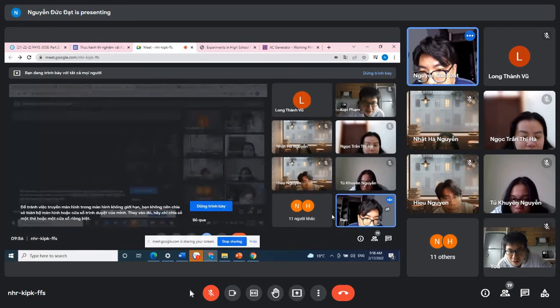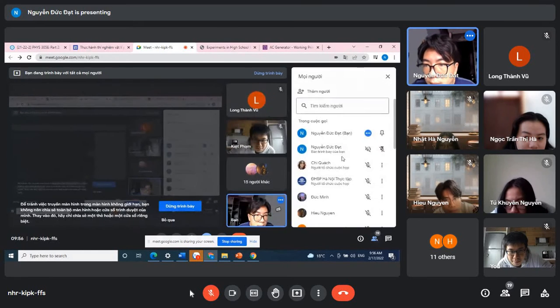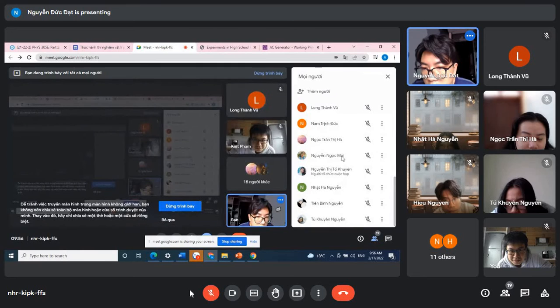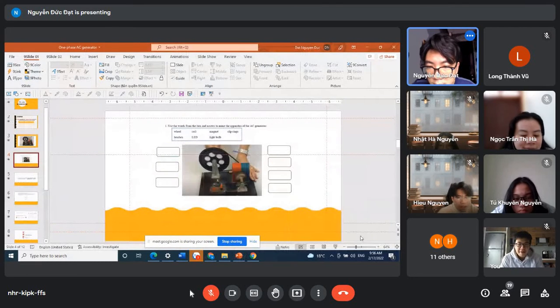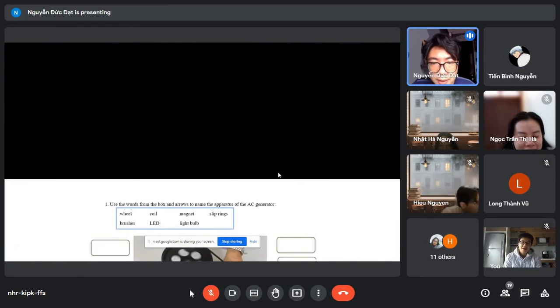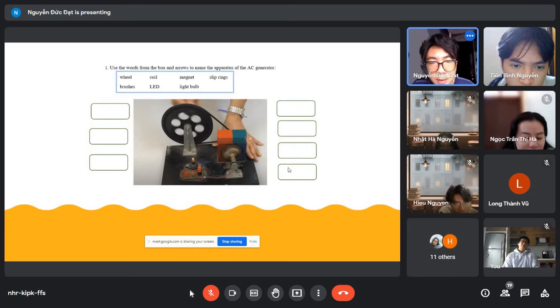Okay, Tiến Bình, can you hear me? Yes. So can you tell me the final component here? What are we going to use to rotate the rotor?